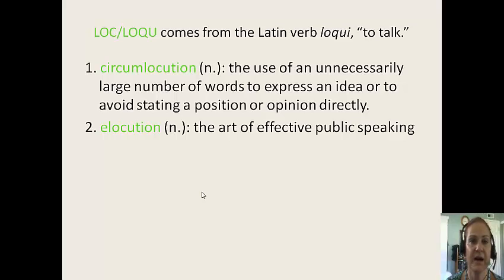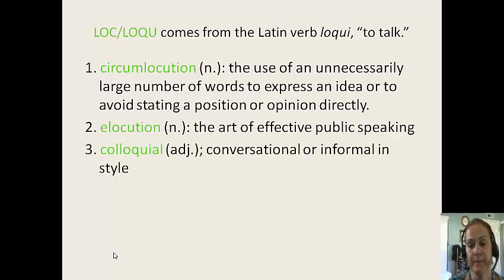If you think of President Obama, he's a pretty solid public speaker. He displays elocution, you could say, because he can get up in front of a group and deliver an effective public speech.